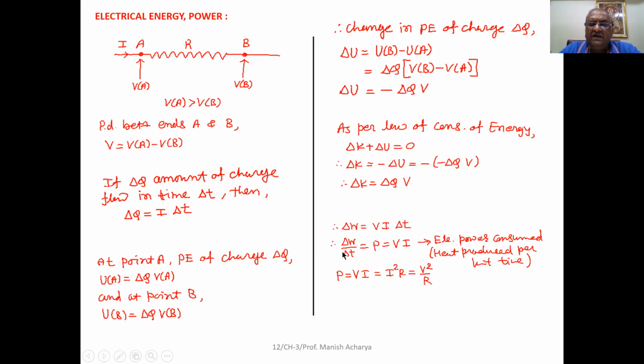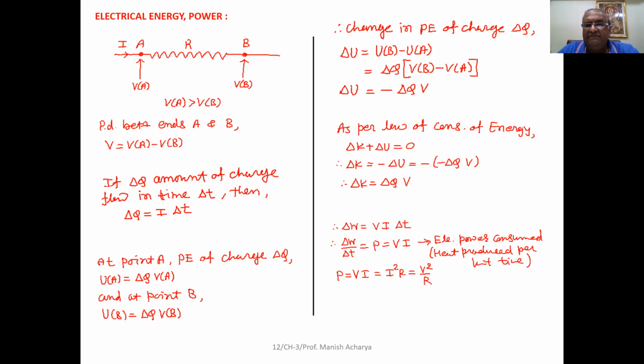Now if we take this delta T on the left hand side, then delta W upon delta T is called electrical power consumed. In this process, when delta Q amount of charge is transferred from terminal A to terminal B in time interval delta T, the electrical power consumed P is equal to V into I. And this electrical power consumed is converted into heat.